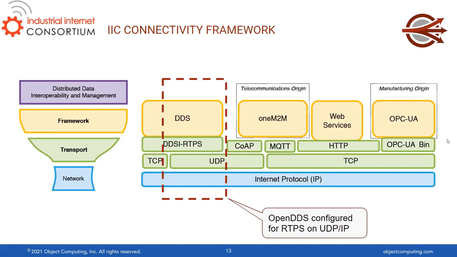layer. And as you might be aware, in this discussion today's webinar, we are talking about what's in the red dashed box here. So the selected framework in this application is OpenDDS, configured for the RTPS transport, and that runs on top of UDP-IP.